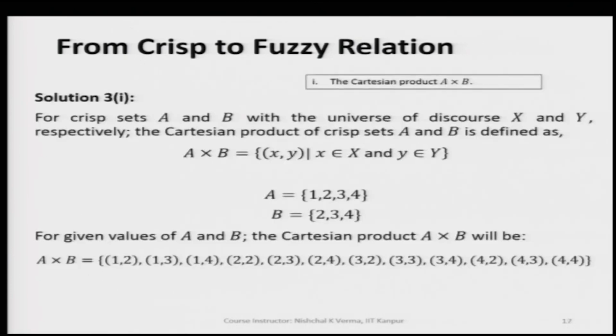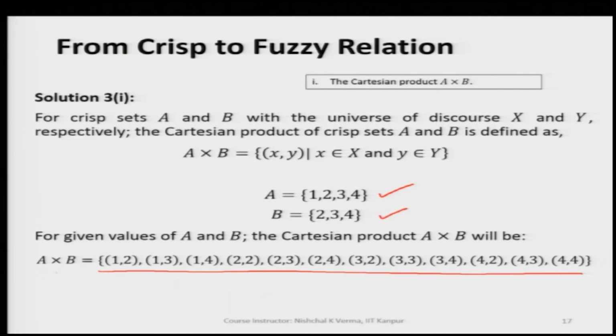A cross B, as we have already done, we can quickly find as a set like this, and this represents the Cartesian product of set A, where we have 4 elements 1, 2, 3, 4, and set B, where we have 3 elements 2, 3 and 4.